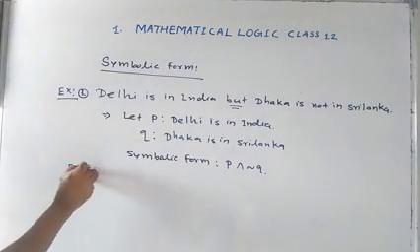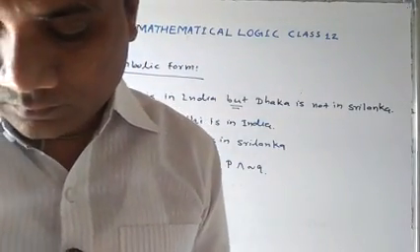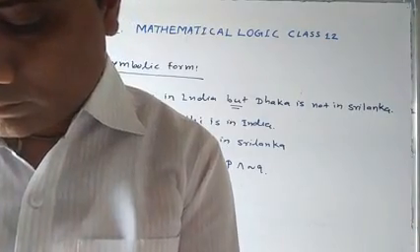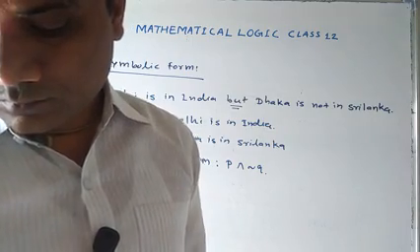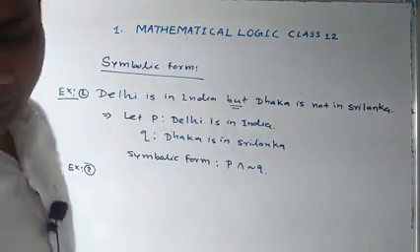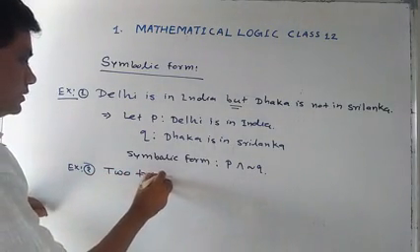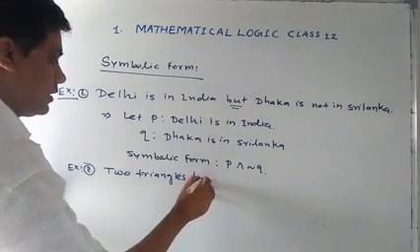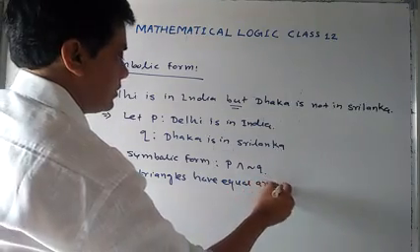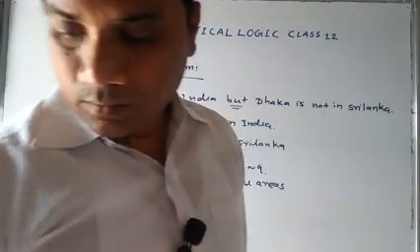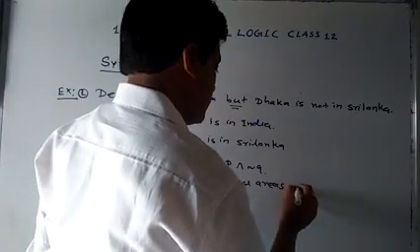Now see the second example. Two triangles have equal area only if they are similar.